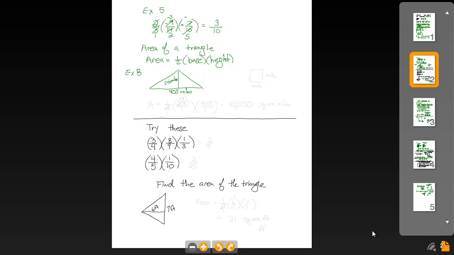And where the half comes in is if Virginia had been a square, it would have been twice the area, so you have to cut it in half like it was a triangle.